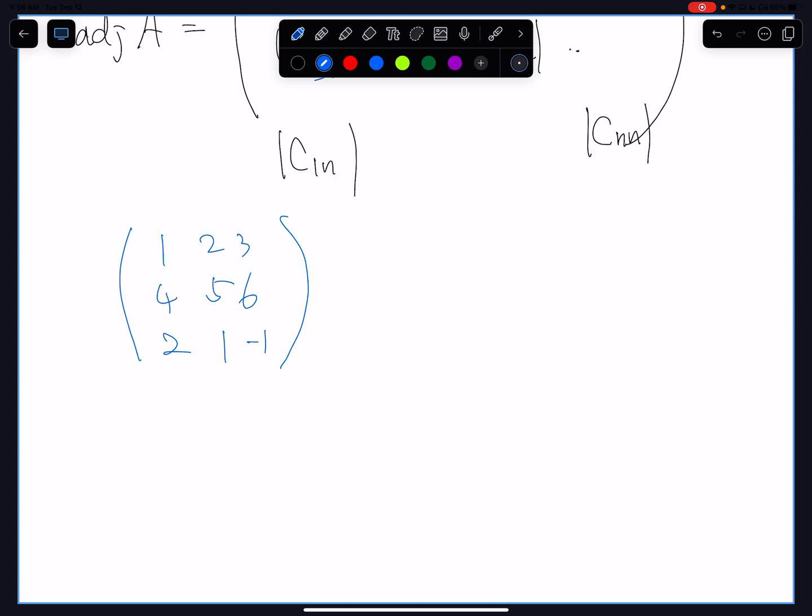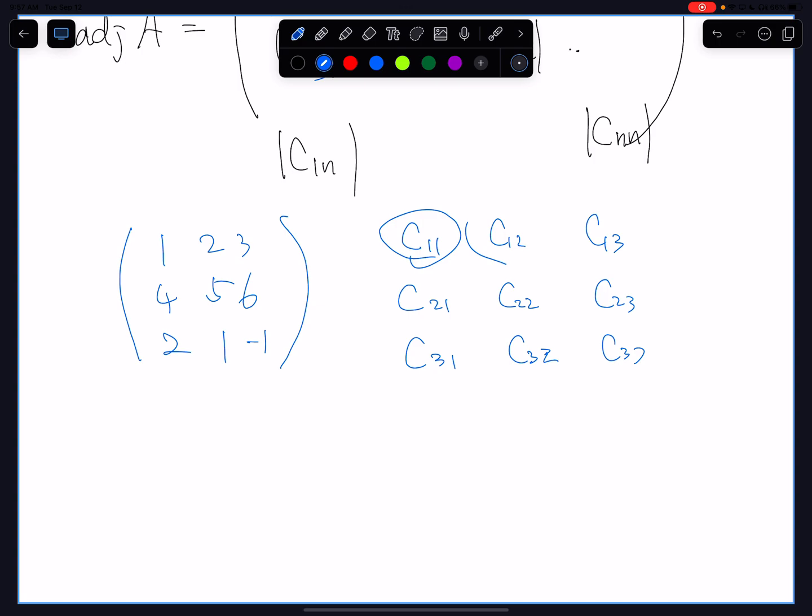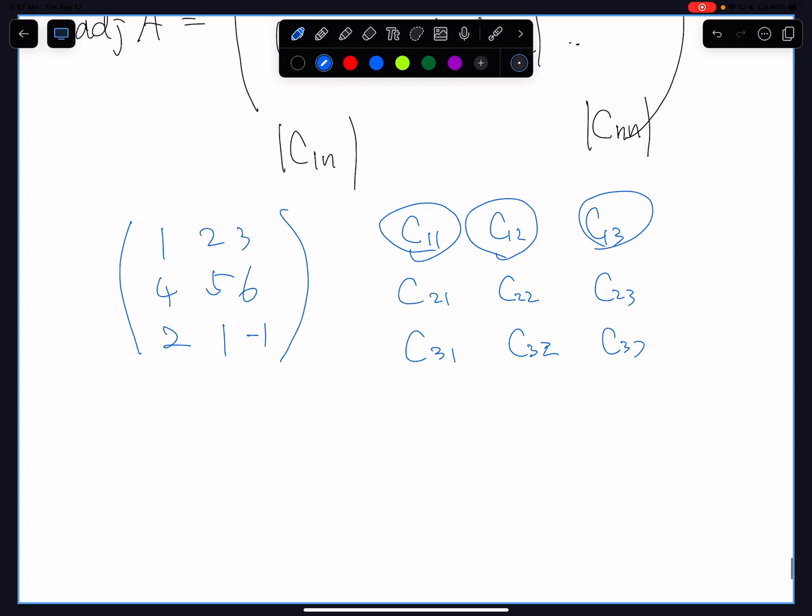So the cofactors are C11, C12, C13, C21, C22, C23, C31, C32, C33. All these are smaller matrices, right?